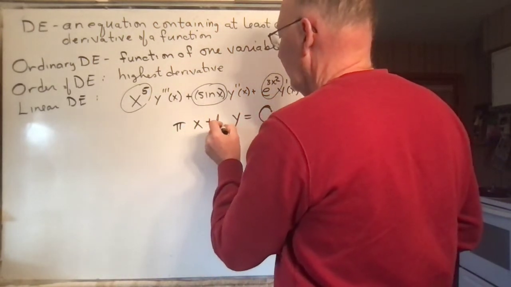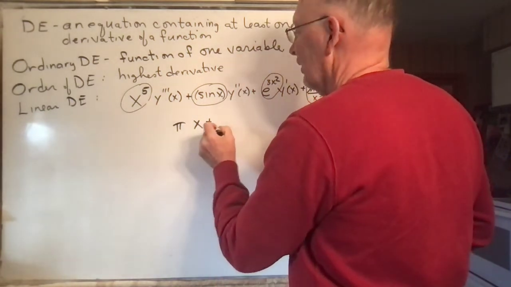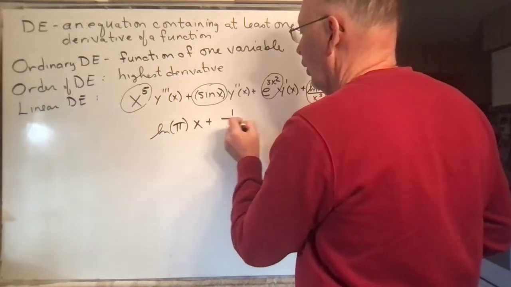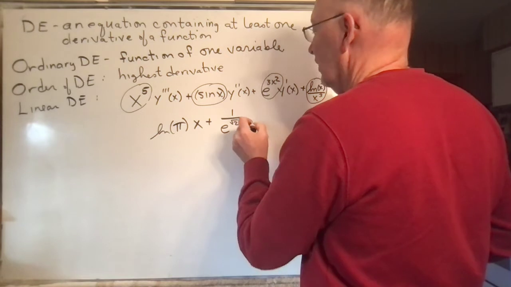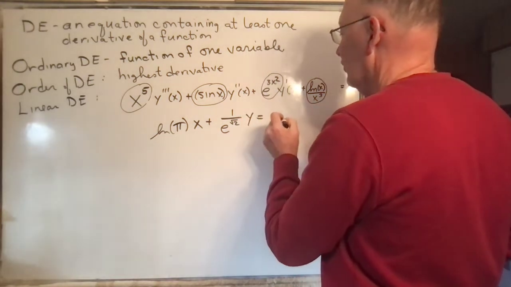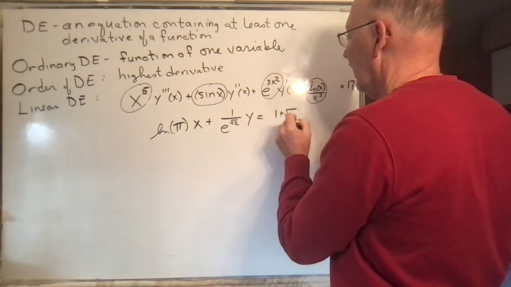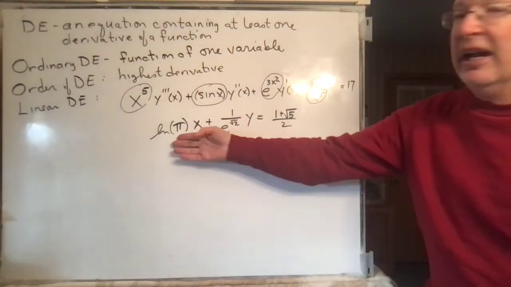Let's make this the ln of pi, pretty weird, plus 1 over e to the square root of 2 times y is equal to 1 plus the square root of 5 over 2. That's the golden ratio. So that's just a line.